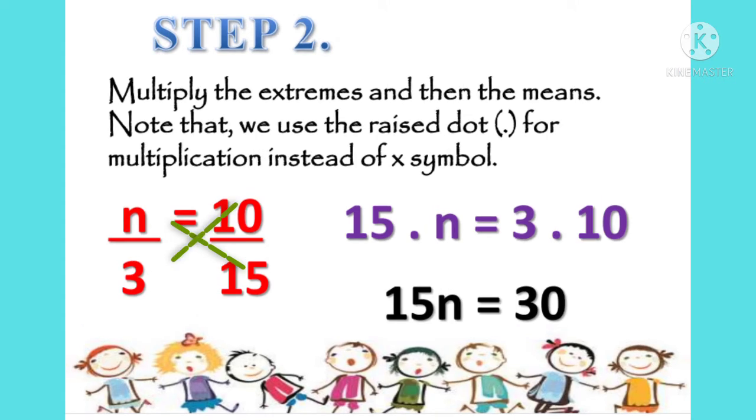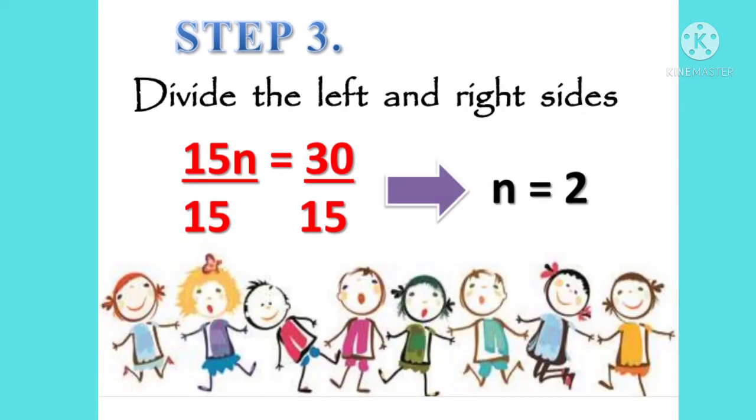Again, n is multiplied by 15, then 10 is multiplied by 3. In order to get the value of n, proceed to the third step, which is to divide the left and right sides.